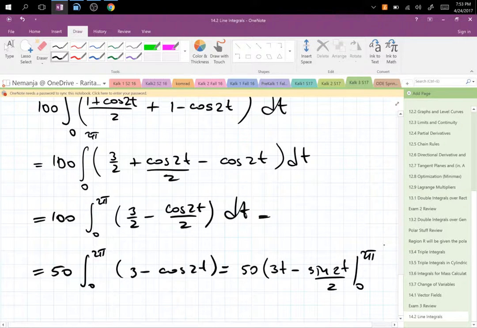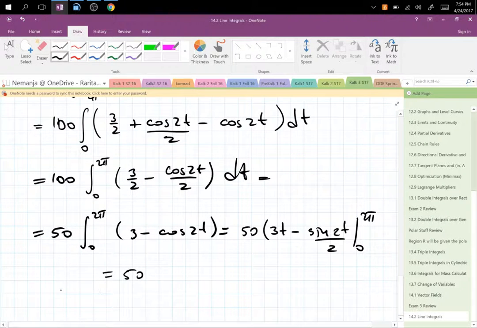Now I hope you see that sine term will die even when you plug in 0 or 2 pi. So the only one that counts is actually 3t. So that's going to be 50 times 6 pi, which equals 300 pi. And that will be the answer.